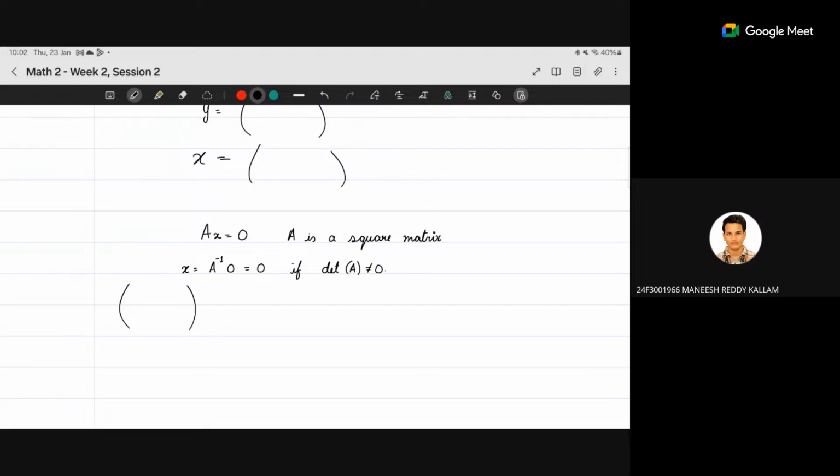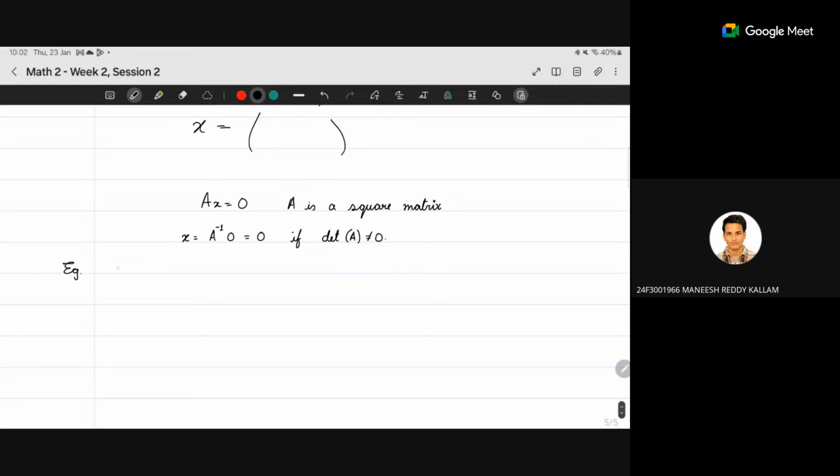Sir, could you give an example for both? That would be good. Okay, let's take 1, 2, 3, 4, 5, 6, 7, 8, 9 itself. So x plus 2y plus 3z is equal to 0. We know that this has determinant 0. Last time we saw this, correct? I don't know if you were there last time, but yeah.